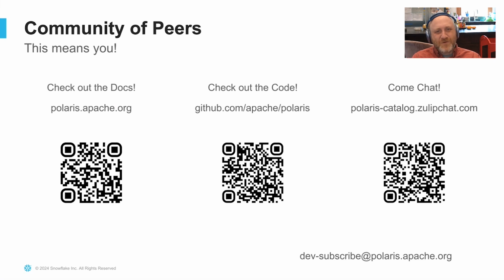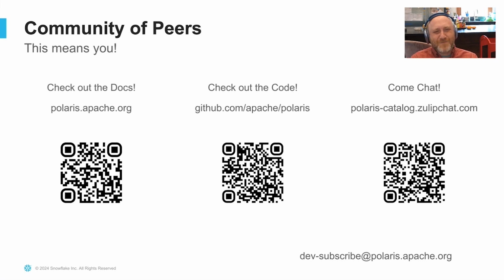Good place to start is, of course, our docs. We also have, of course, all of the code available, github.com/apache/polaris, and we have live chat. So there is an official Apache Polaris chat at zulipchat.com, and we also have a chat going on within the Apache Iceberg Slack, and there's a hashtag Polaris channel. But of course, all of that is just part of the thing.